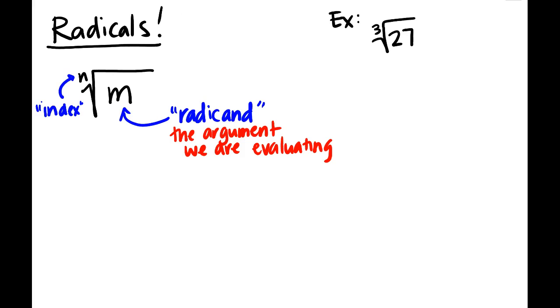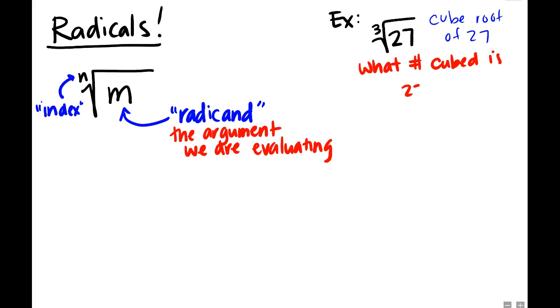So I have an example over here on the left-hand side. If we wanted to say this in words, it's the cube root of 27. Now, what we're actually thinking in our heads, if we're trying to solve this without a calculator, is that we are looking for what number cubed, or raised to the third power, is 27.